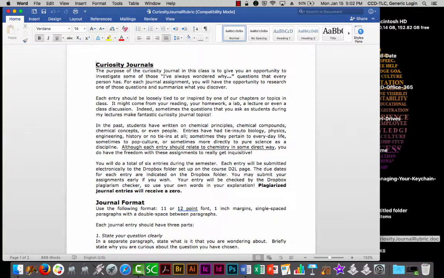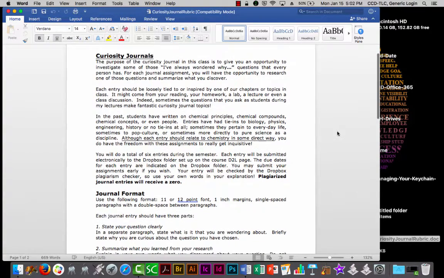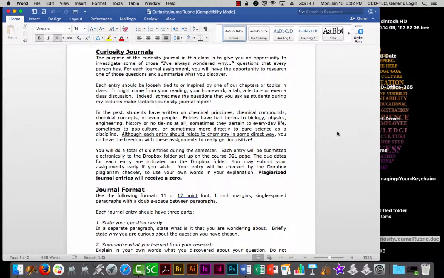Here are some more examples. People have written about chemical properties, chemical compounds, chemical concepts, or even people. Sometimes we'll talk about a historical figure in chemistry, and you might want to learn more about that person, so you could write about that person. It may come from your reading, homework, lab, lecture, whatever.